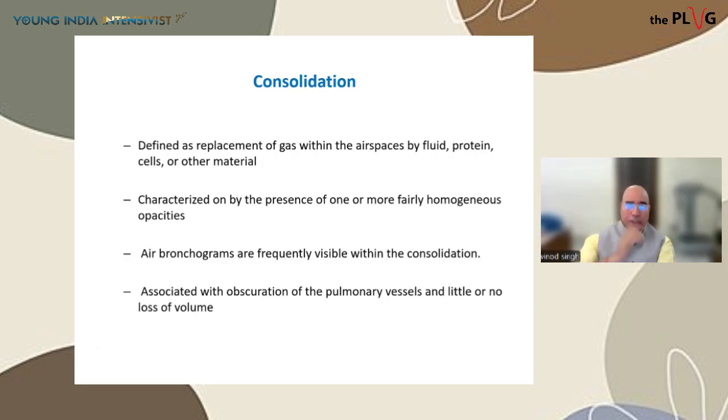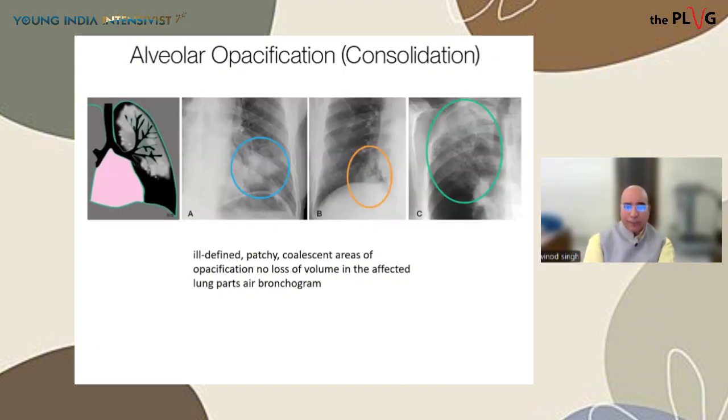See here, you can find different types of consolidation, the ill-defined patchy opacity. There is a coalescent area of consolidation sometimes. You can also find, you can see the green one, the large consolidation, where some area is fully consolidated, and some area is still developing consolidation.